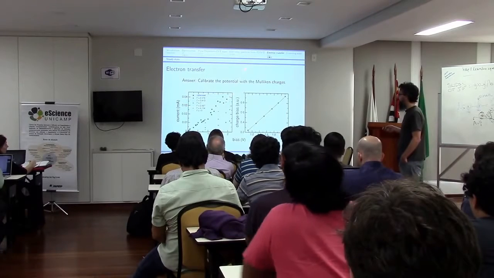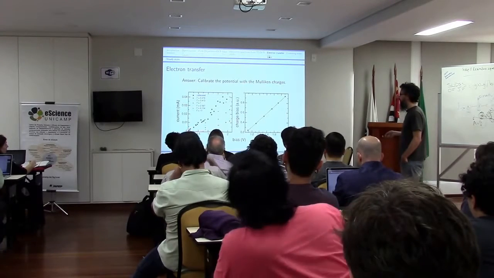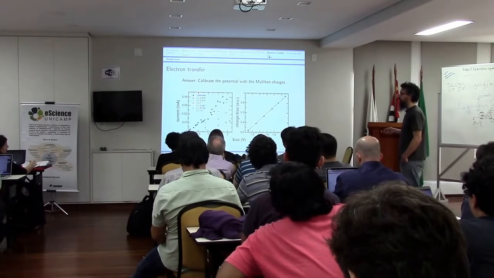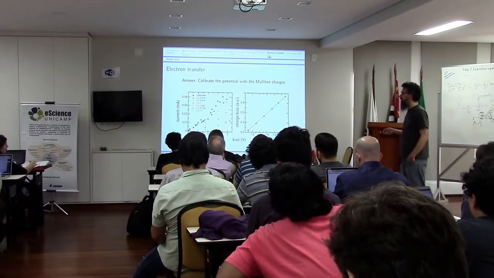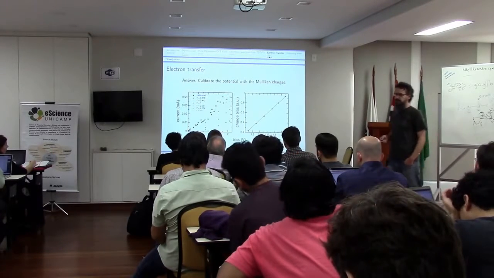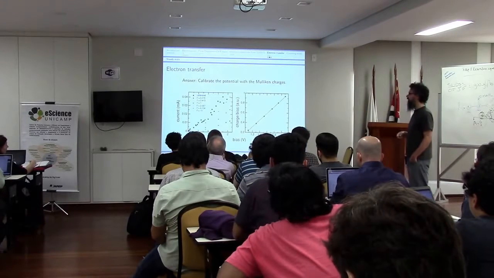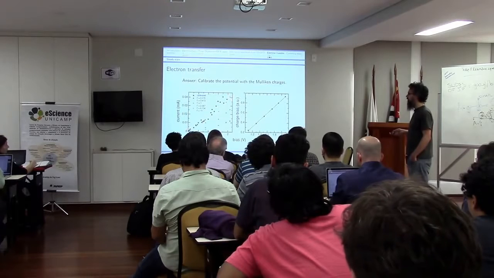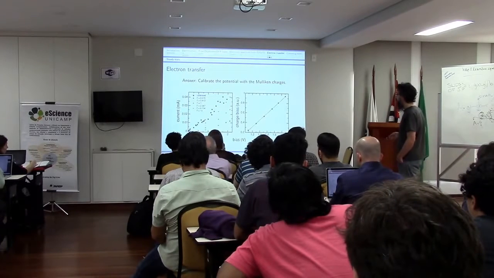If we do that, these are all the curves with different parameters, this is the gamma parameter. But if we use the calibrated potential, we have a result independent of the parameter. So we are very happy. This is the first approach of this.